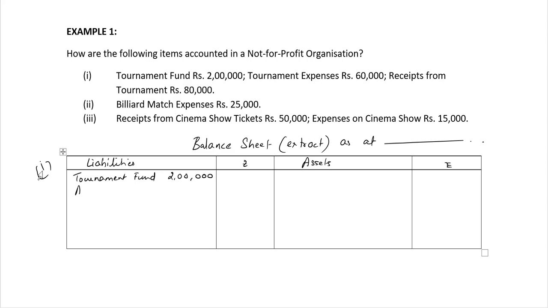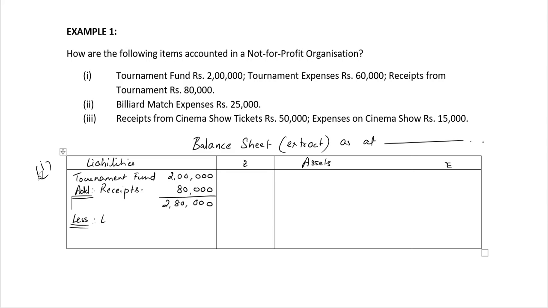We need to add the receipts. The amount of receipts is rupees 80,000. On adding, we get 2,80,000 rupees. And we need to subtract the expenses.